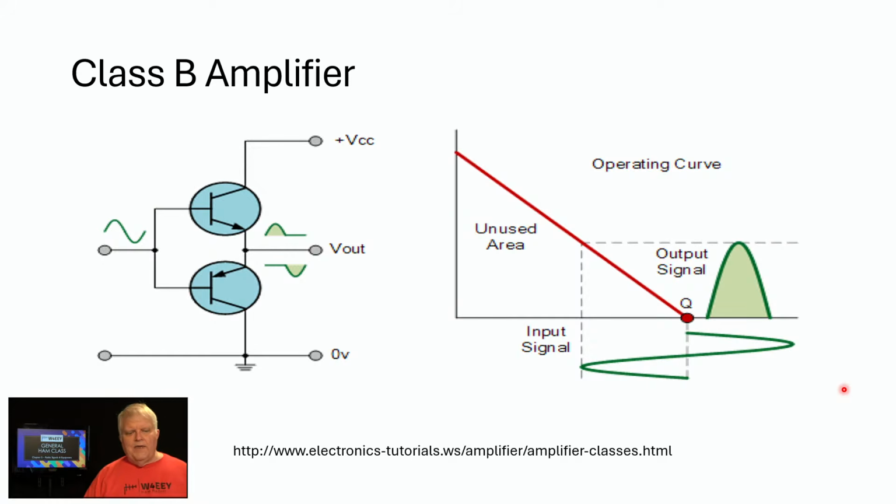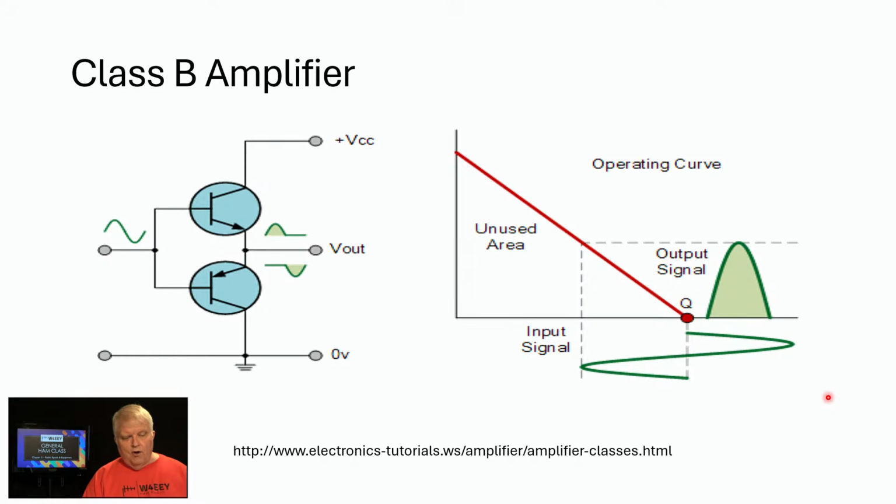Now a Class B amplifier, in this case we're using 2 transistors, and each of the transistors is biased Class B, and each of the transistors amplifies only half of the waveform. In this case on the top it's amplifying just the positive going, and on the bottom it's amplifying just the negative going. So if we're looking at one transistor, we've got the input signal here, but it's only outputting 1/2 of the input signal.